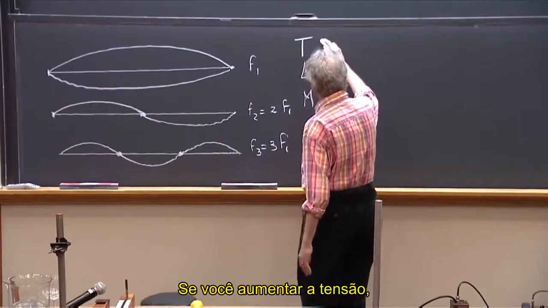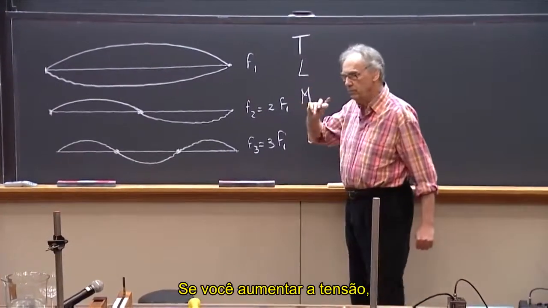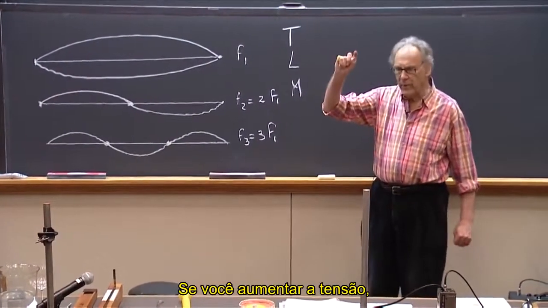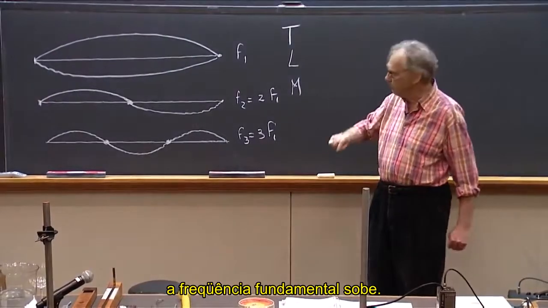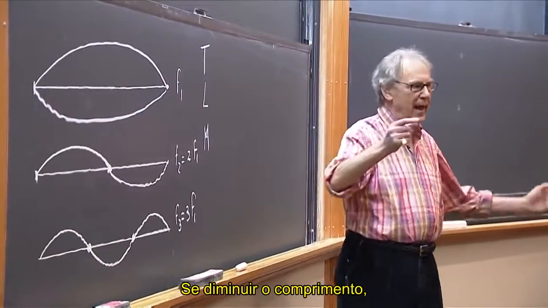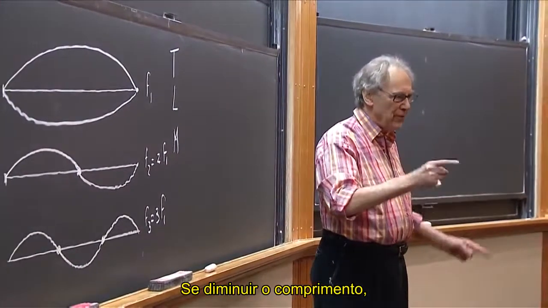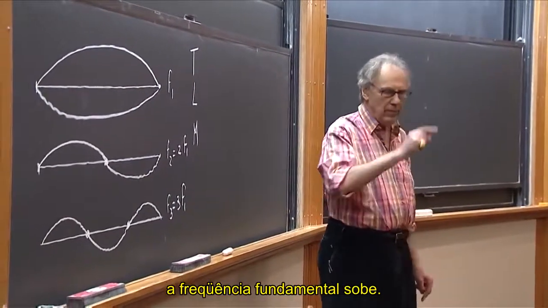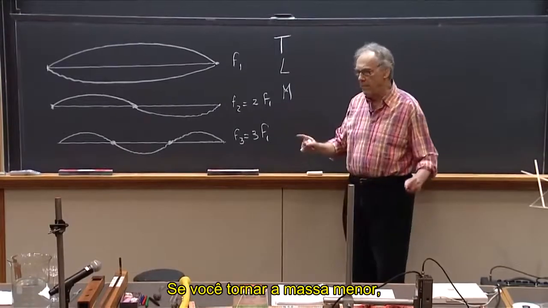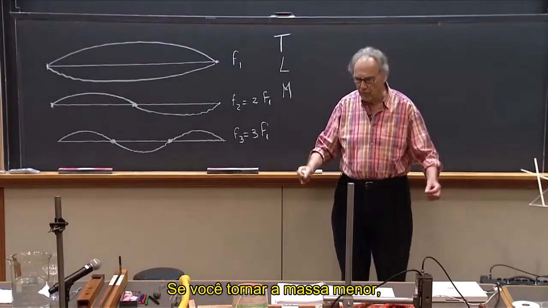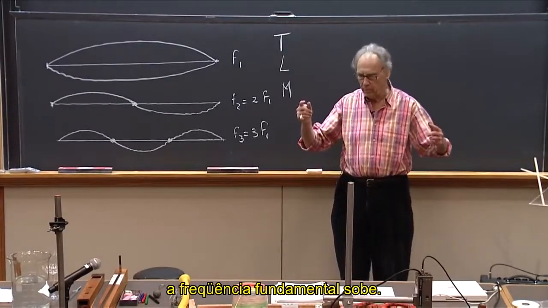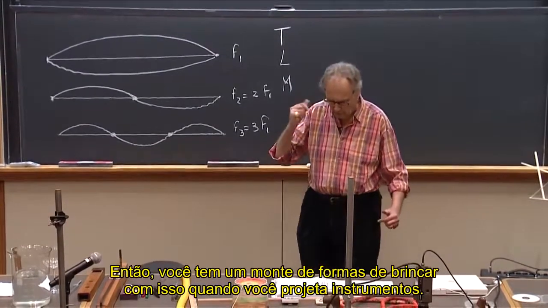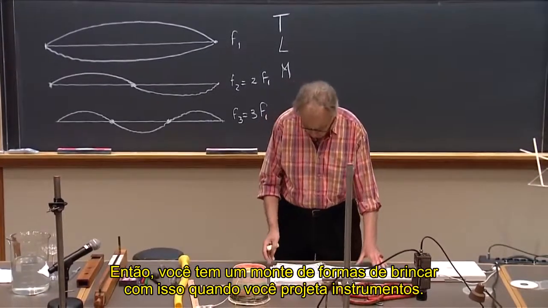If you increase the tension, the fundamental frequency goes up. If you make the length shorter, the fundamental frequency goes up. If you make the mass lower, the fundamental frequency goes up. So you have a lot to play with when you design instruments.